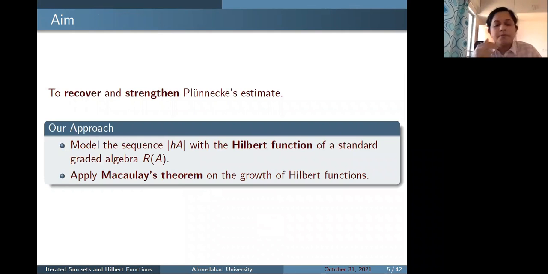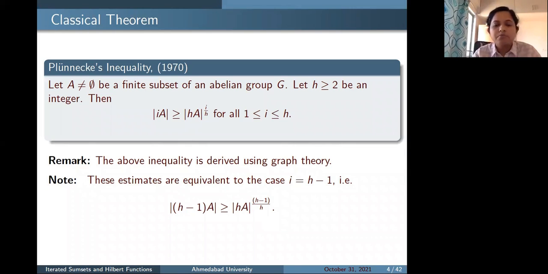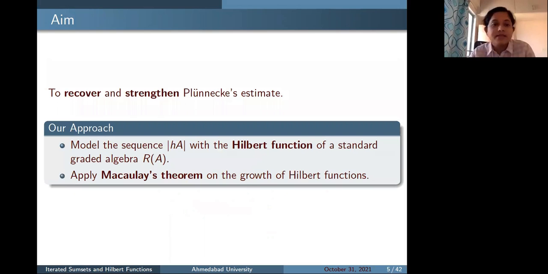Now, what is our aim? Our main aim is to recover and strengthen this estimate. For doing that, we are using a completely different approach. Though commutative algebra has been used earlier in additive combinatorics, this approach has never been used.